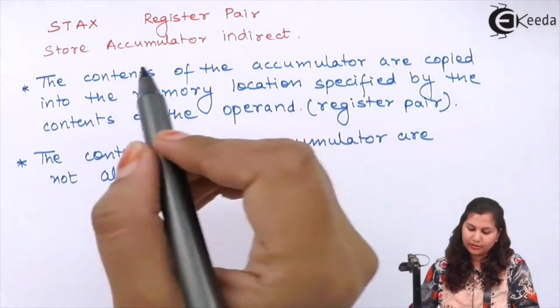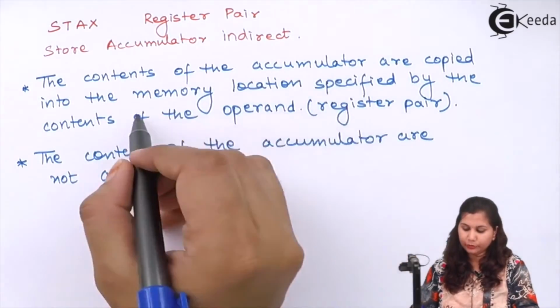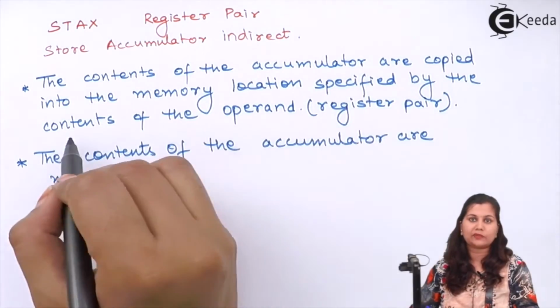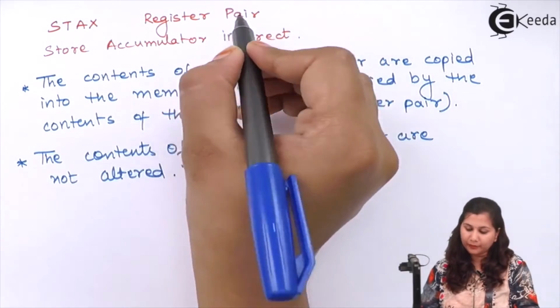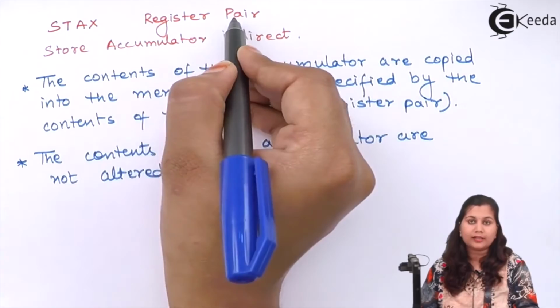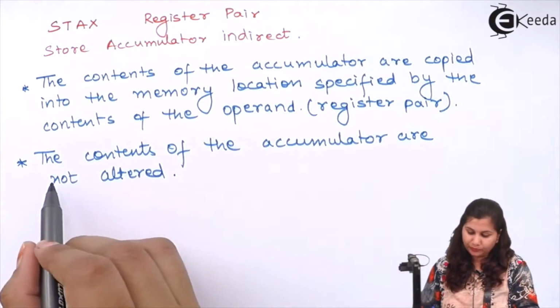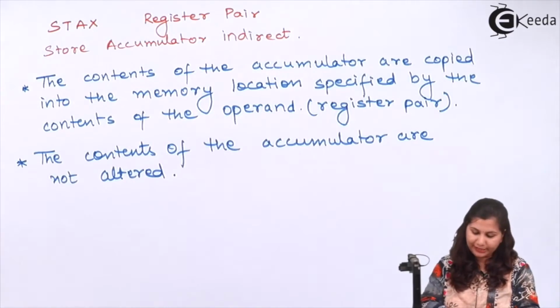So this instruction is storing the contents of the accumulator into the memory location which is specified by the operand. Here the operand is the register pair. But the contents of the accumulator are not altered.